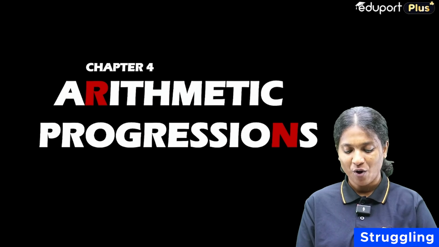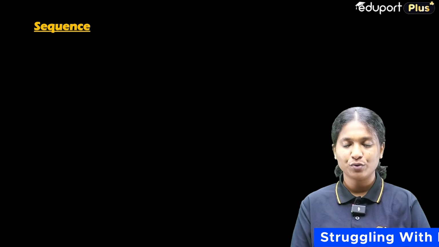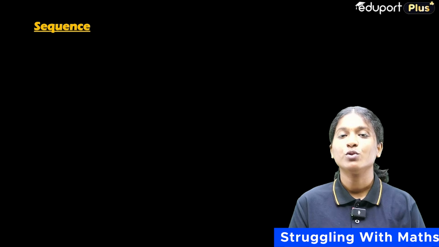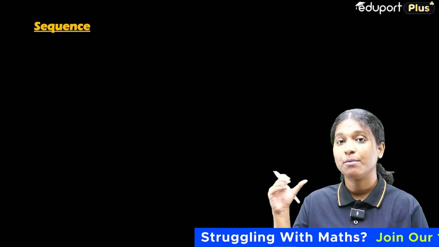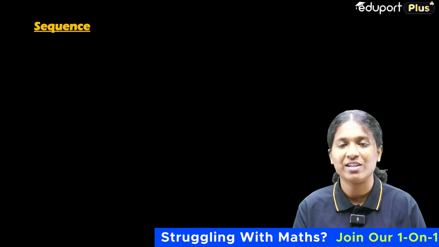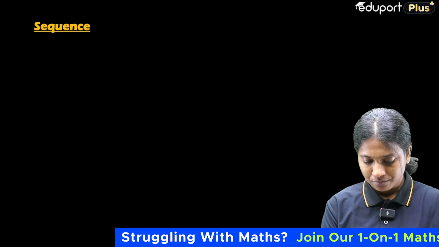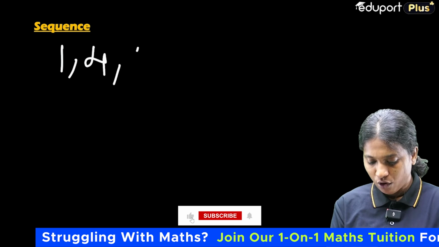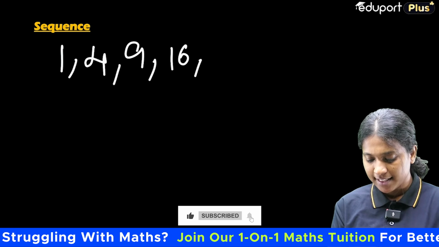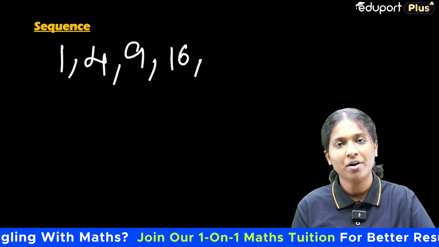So, arithmetic progression. Before that, I have to discuss sequence. Why sequence? Because arithmetic progression is also a sequence. So I'm writing 1, 4, 9, 16. Can you guess the next number?